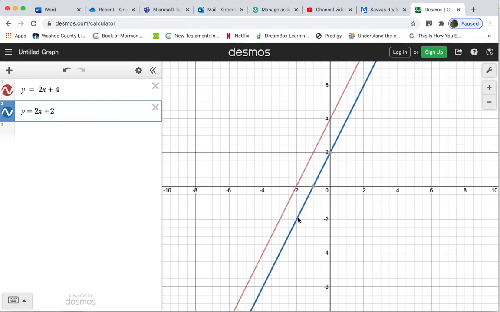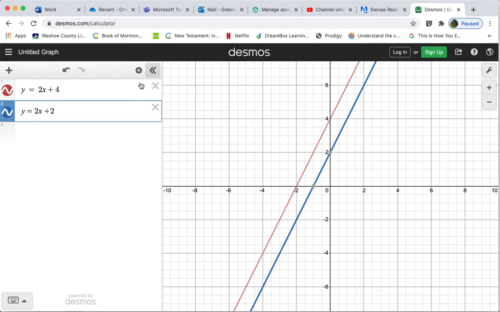They'll never cross. They have the same slope, but different y-intercepts, and so they'll never cross. If I had put y equals 2x plus 4 again, they always cross, and that's because it's the same line. So that one doesn't count as a parallel line, and that's why they have to have a different y-intercept. So parallel lines: same slope, different y-intercept.